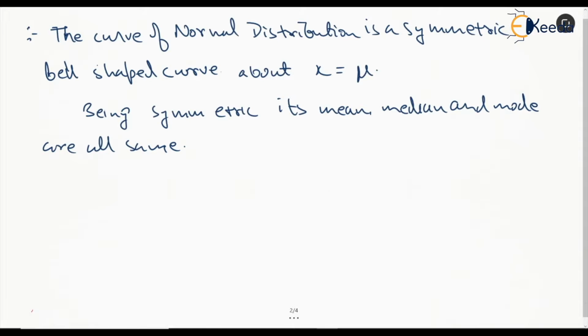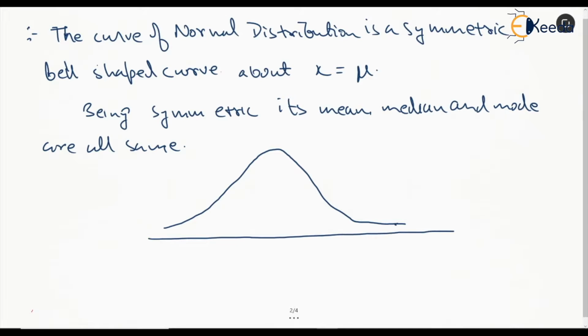So this curve will be given by, let's say it is a symmetric curve. This is x equal to mu. This is x, and for a range, let's say this is x minus mu, this is x plus mu.